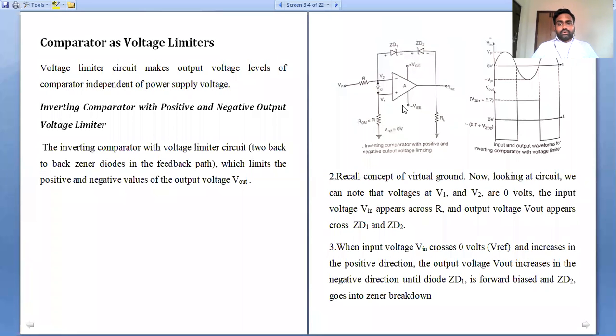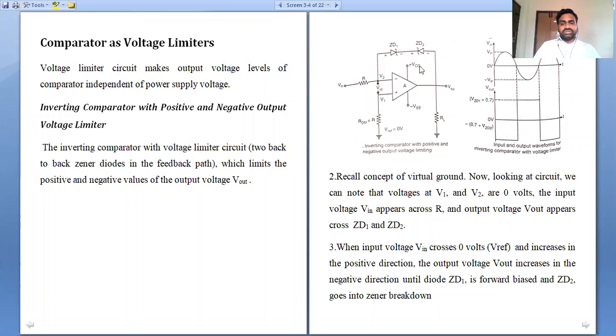If we go to the circuit construction, see here, the input supply is connected to the negative terminal of the operational amplifier with an input resistance of capital R. The input terminal voltage of this inverting terminal is V2, and the reference voltage is applied to the non-inverting terminal.